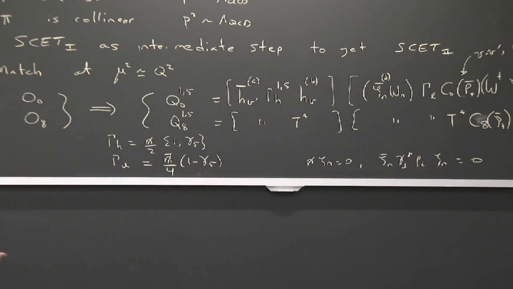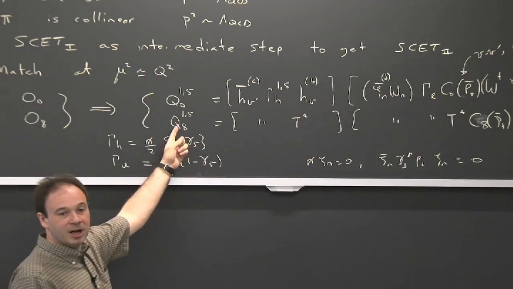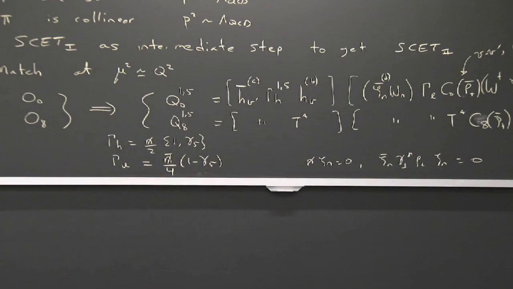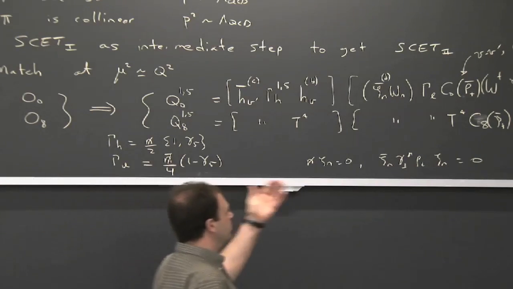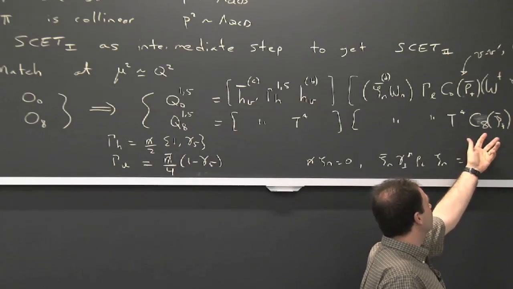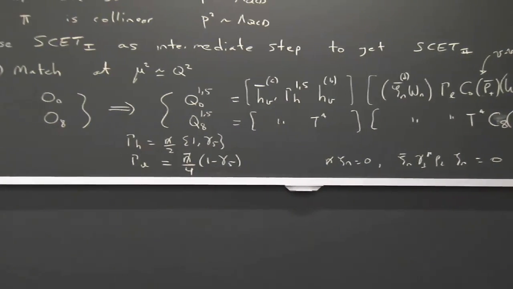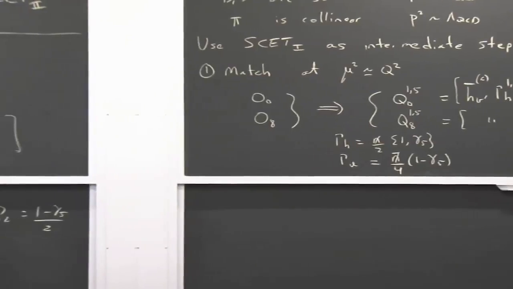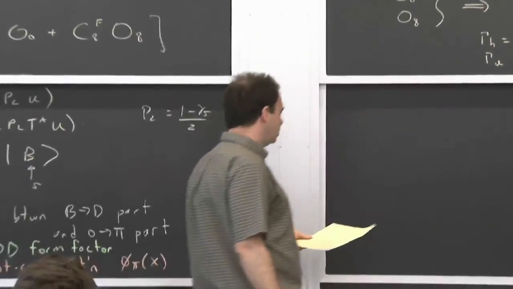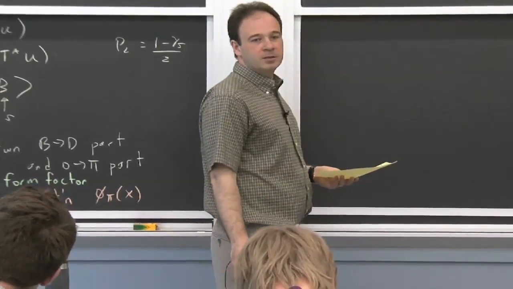So what you mean by octet operator in the electroweak Hamiltonian is different than what you mean by octet operator in the SCT1 factorized result. But that's just a complication that you deal with when you are doing the matching. This can be proportional to the Wilson coefficients C0 and C8, and that's not really a big deal. Any questions so far?